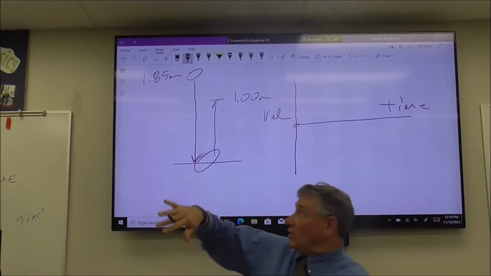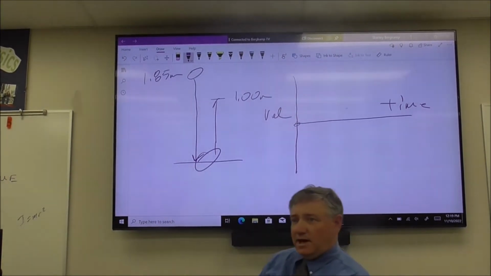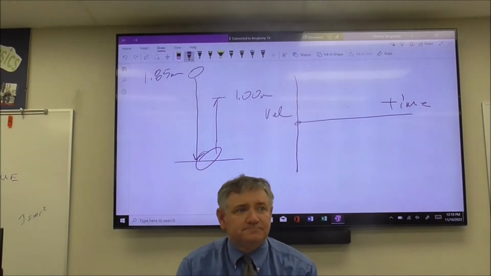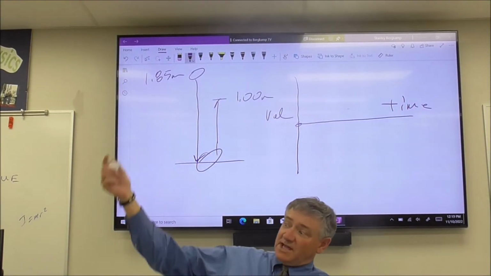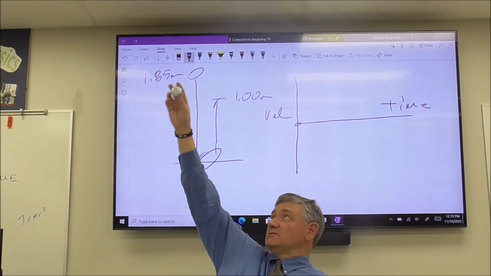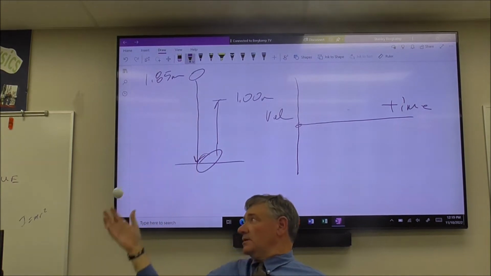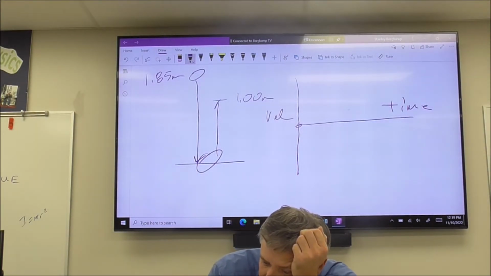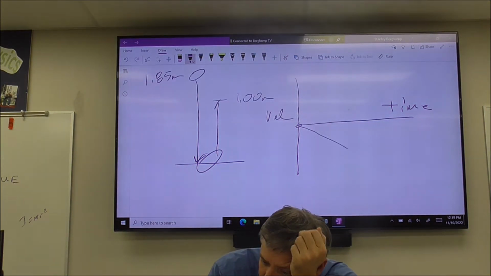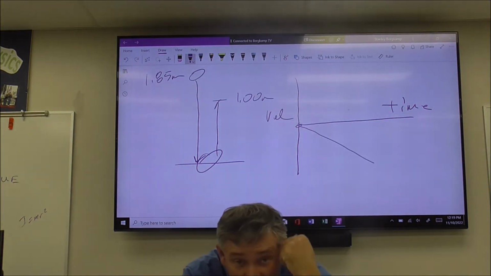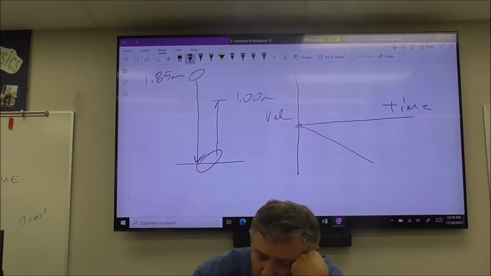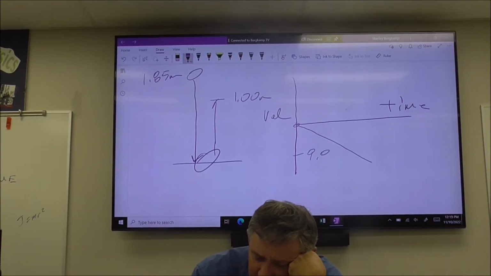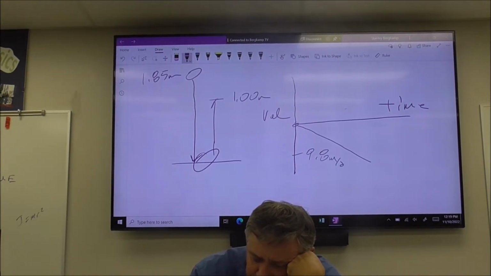Is the line gonna slope up or slope down? Down. Why? Because we're defining down as being negative. So I want to let go of this ball, boom, it's immediately going to begin to speed up. What's going to be the value of the slope of that line? Negative 9.8. Yeah, kind of heard that number before, right?